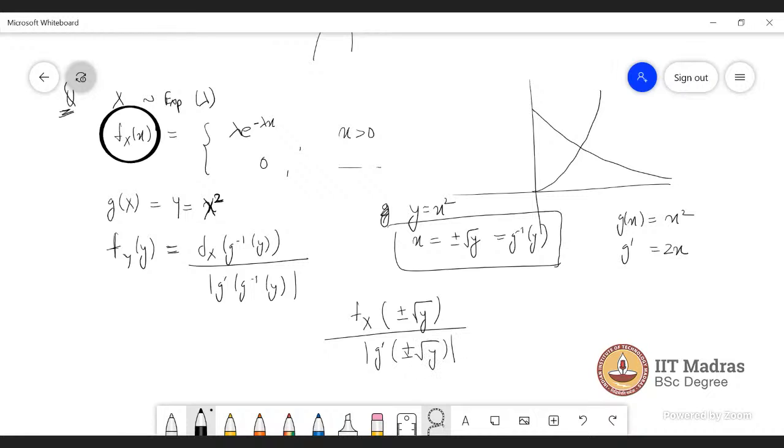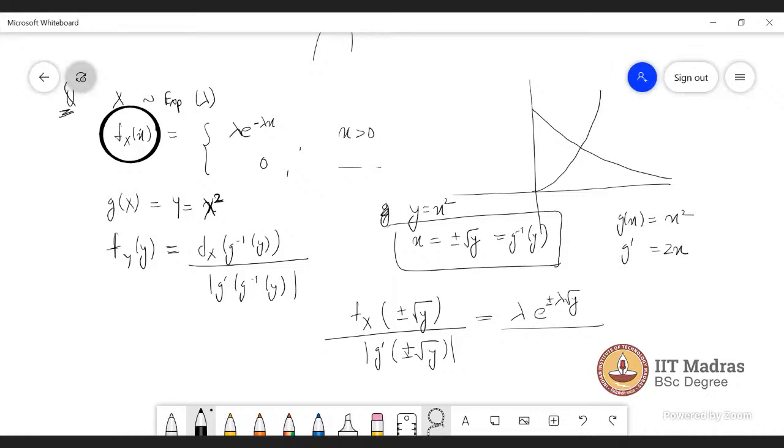What is f_X of plus minus root y? You just have to substitute root y in place of x. So you will get lambda e to the power minus lambda times root y.